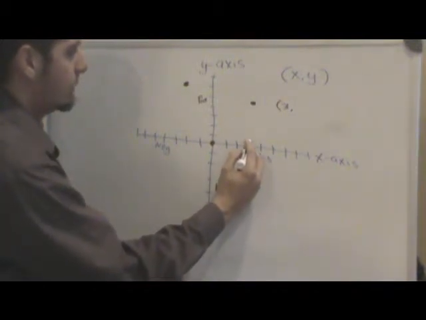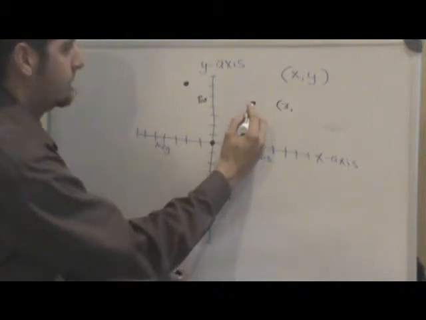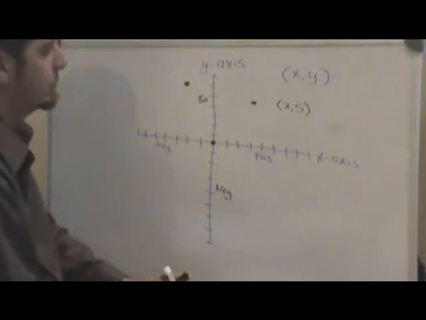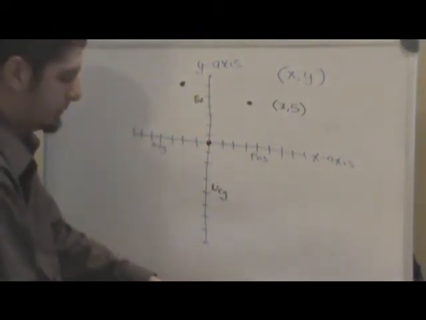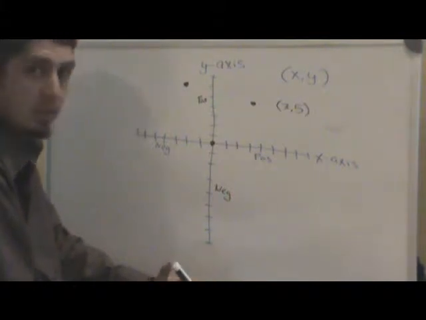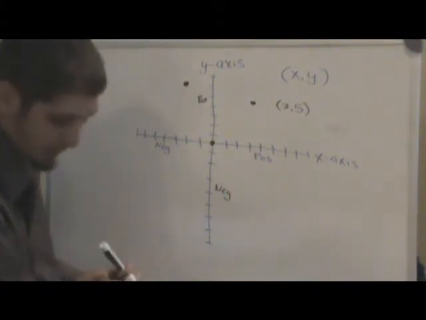And from there, I would go up 1, 2, 3, 4, 5 spaces. So I had to move up 5 spaces to meet my point. And that's how I would write out the ordered pair of the point if I was not given that information already.